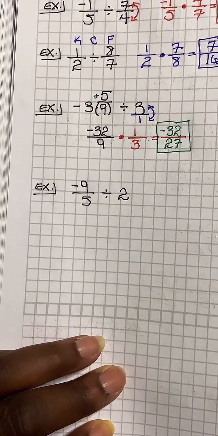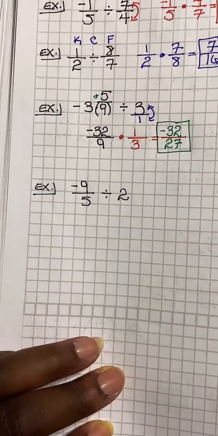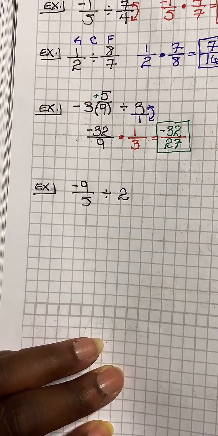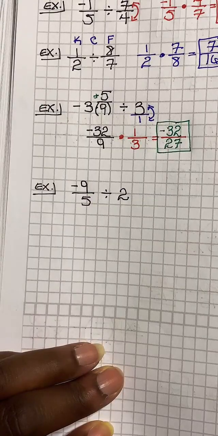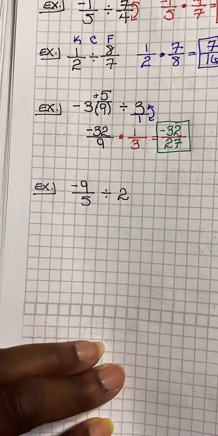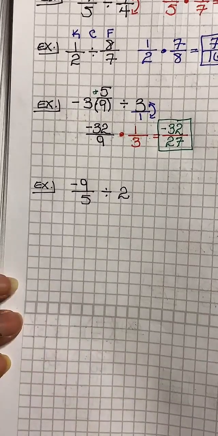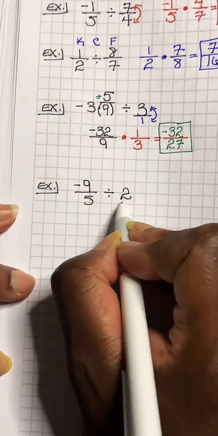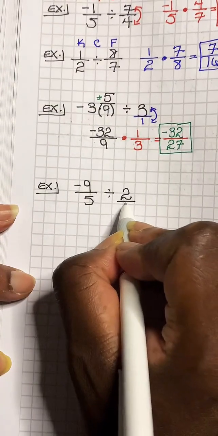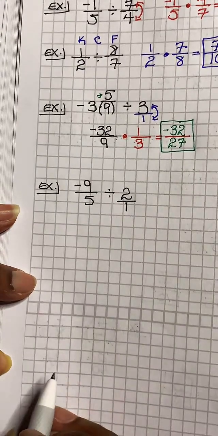Kate, change, flip, yeah, Andy. Yes, put the 2 over 1. Yes, Andy, you got it. Genius, negative 9/10. Good.